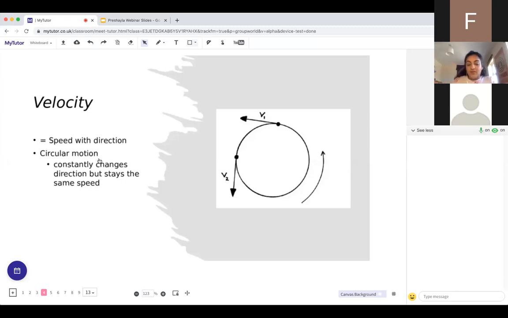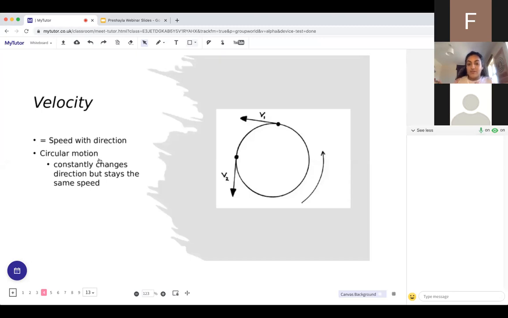But the car is constantly changing direction. So it might be facing forward and then turn left, and it's constantly turning, right? To go around a circle, we have to constantly turn. We have to constantly change direction. So although our speed stays the same, our direction doesn't. And therefore, the velocity changes.